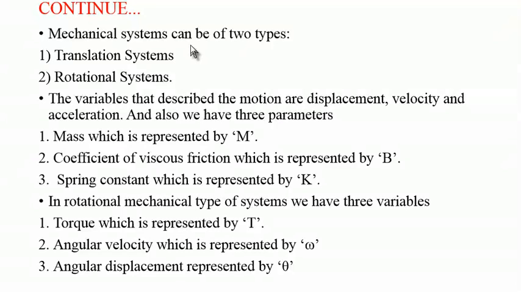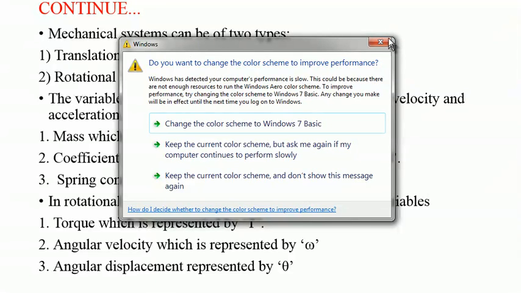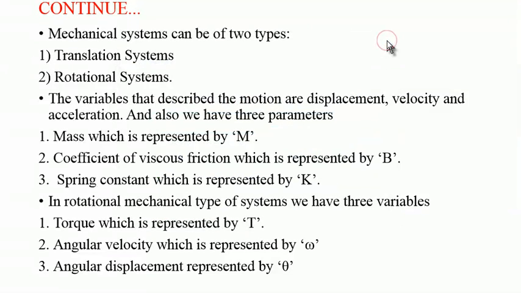In mechanical systems, the variables which describe the motions are displacement, velocity and acceleration. To describe the motion, we should know the displacement, velocity and acceleration. We also have three parameters. What are those?